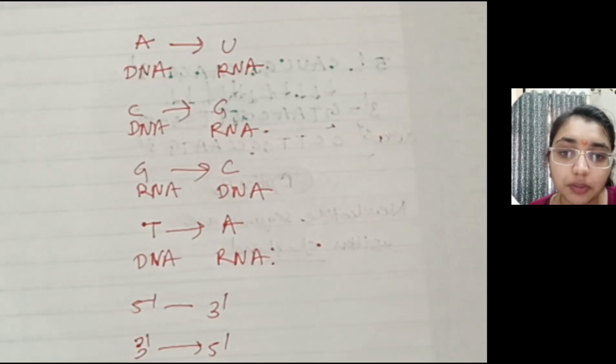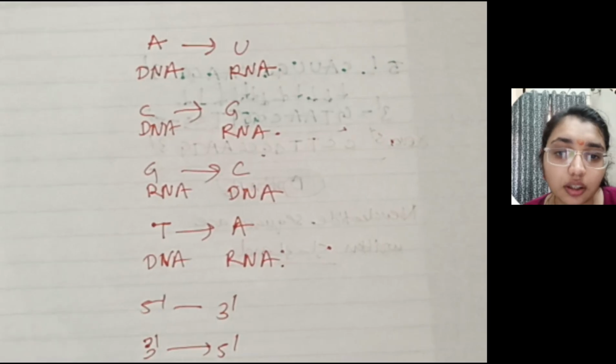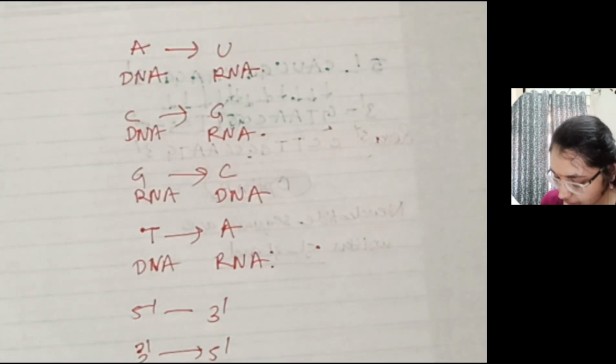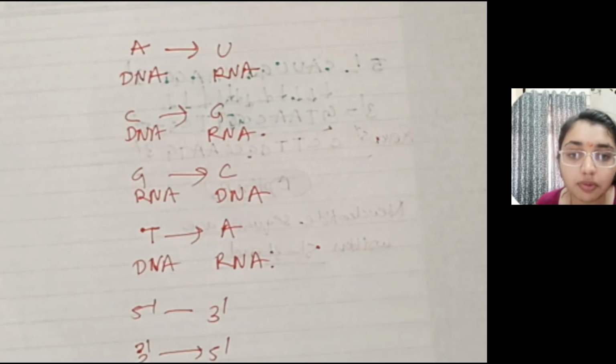So A will be pairing with U, and T, thymine of the DNA, will be pairing with the adenine of the RNA.